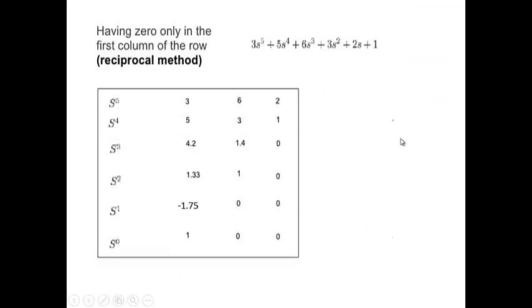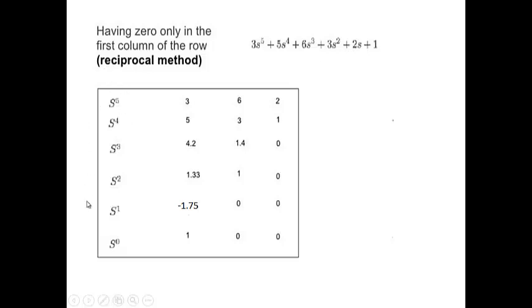Okay, kita juga ada cara lain apabila kita nak menyelesaikan special case untuk Routh-Hurwitz criterion ini. Contohnya, for example, bila kita dapat example ini, 3S5 plus 5S4 plus 6S3 plus 3S2 plus 2S tambah 1.